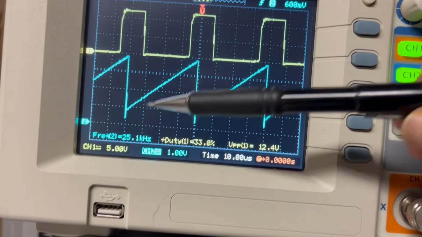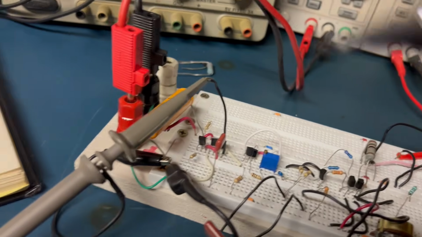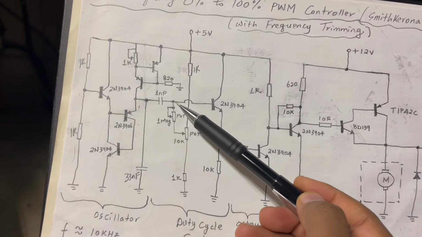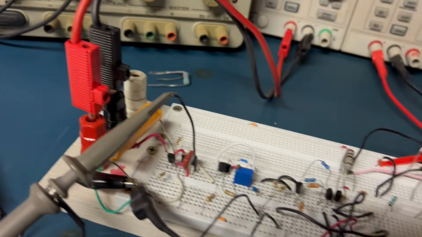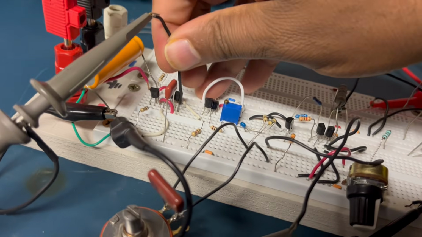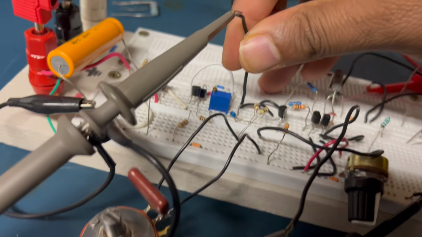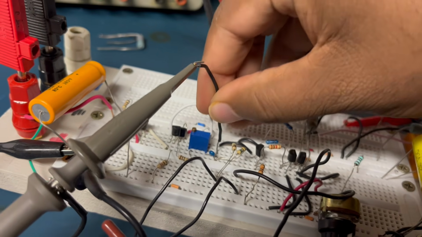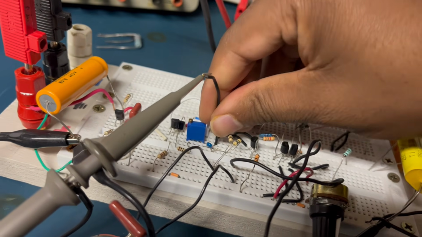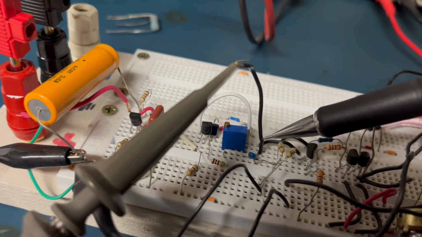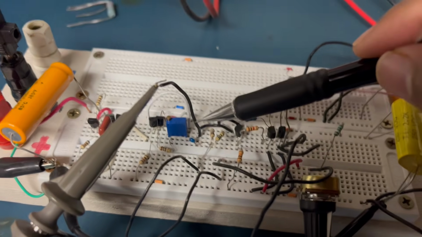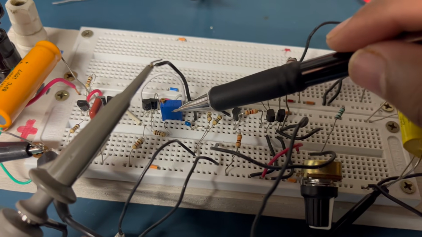So basically we take this waveform, and if I look at this point here, this is the 1 nanofarad capacitor that is AC coupling the generated triangular waveform to the next stage.